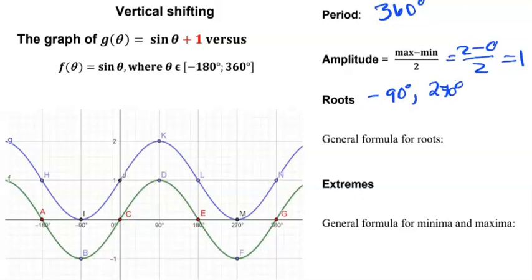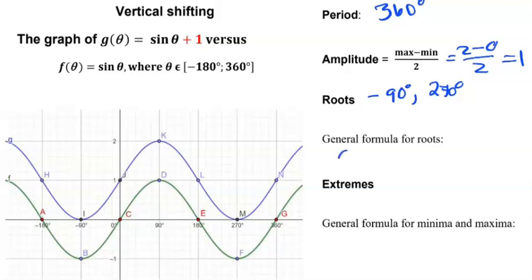So it means that to get these roots, I will have to solve algebraically that sine theta plus 1 equals 0, which will give me a formula. We can start, for instance, at minus 90.